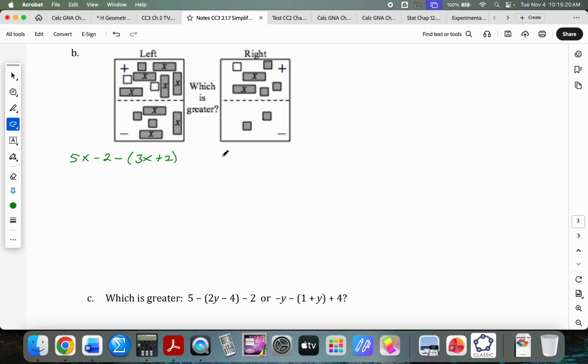In the positive region here, I've got 2x plus 3 and a minus 1, minus 2. Oh, you know what? I left out this 1, didn't I? Sorry about that.